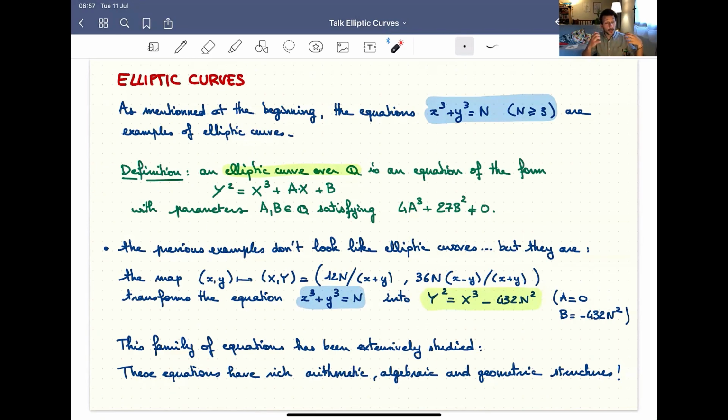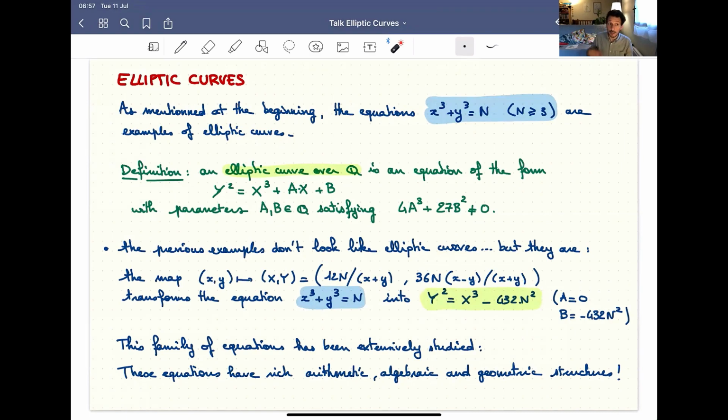And there's also a geometric structure because, just as we did today, you can draw pictures. You have this chord and tangent process, which you use to construct new solutions. There's a lot of structure, which is why those elliptic curves appear in a lot of topics in number theory, and is also why they are used in cryptography and other more concrete questions.